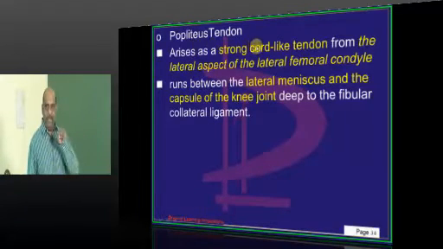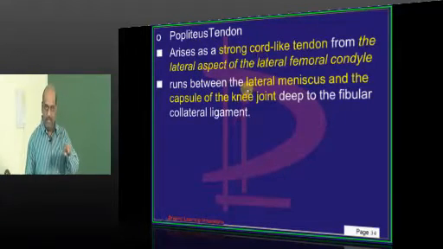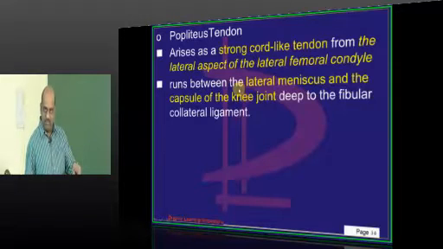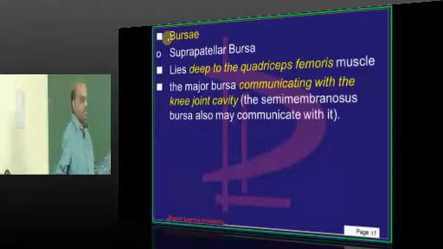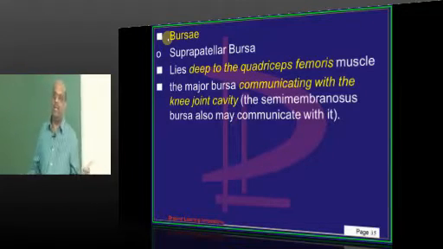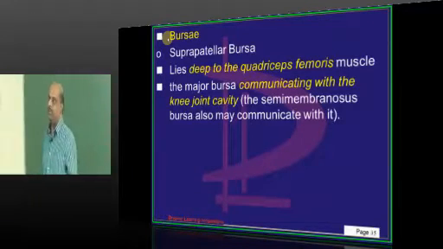Then we have the popliteus tendon, which is running between the lateral meniscus and the lateral collateral ligament, and those are all the extracapsular ligaments of the knee joint.